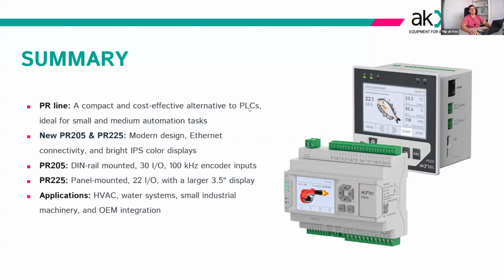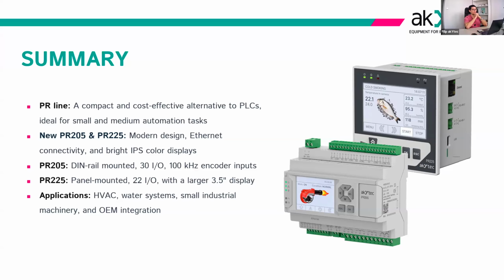So let's summarize this meeting today. We first introduced the PR line, which is our compact, affordable alternative to the PLCs, focused on small and medium automation tasks. The new PR205 and PR225 bring modern design, Ethernet connectivity, and bright IPS color displays.